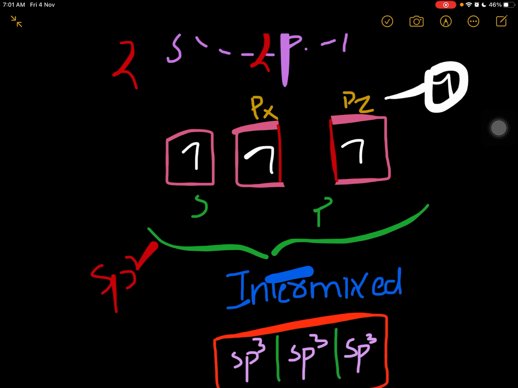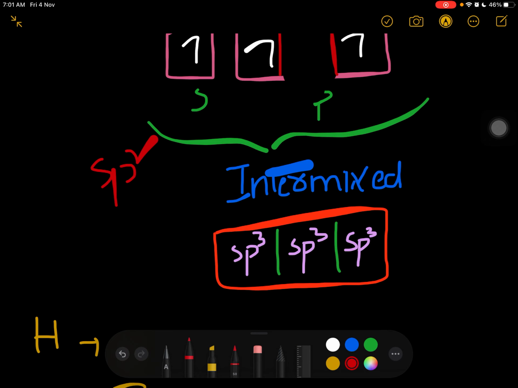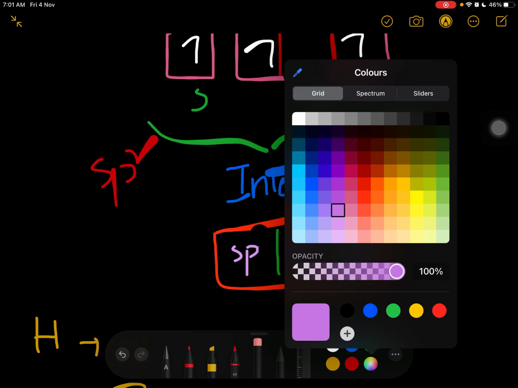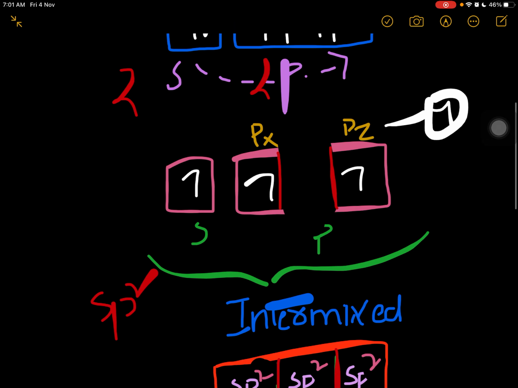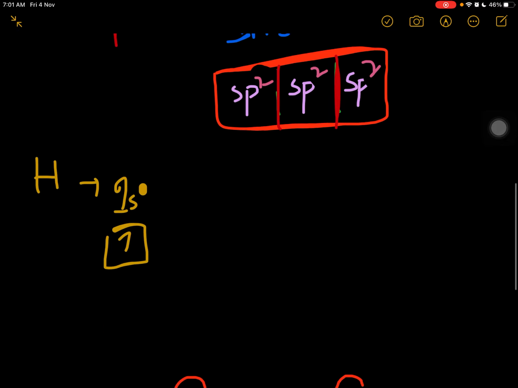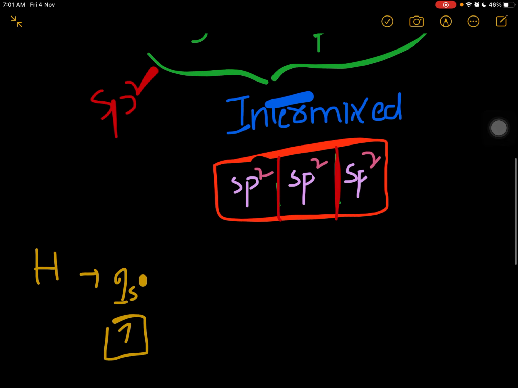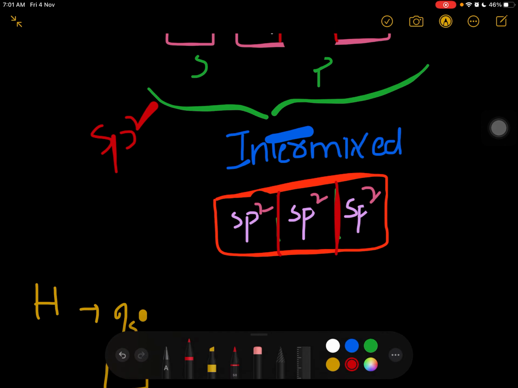Only 3 sp2 orbitals will be formed, because a pi bond is forming there and the pi bond does not participate in hybridization. So now there are three sp2 orbitals.